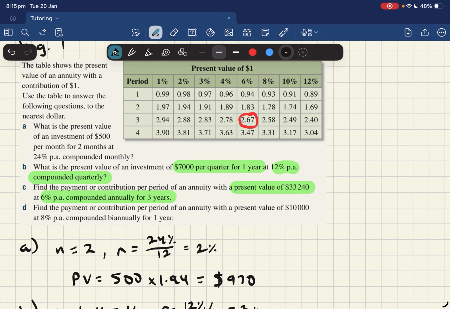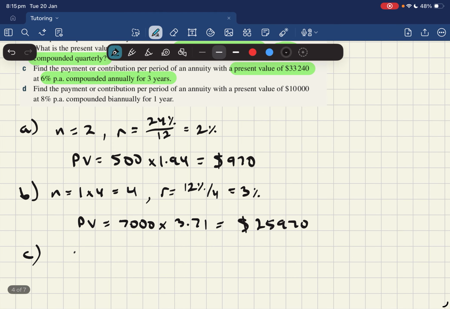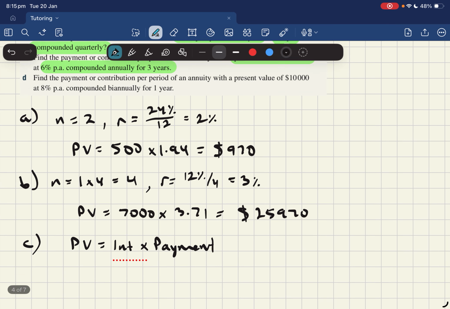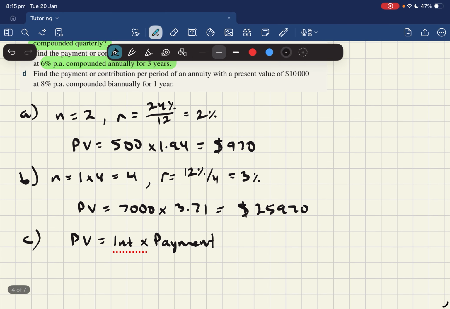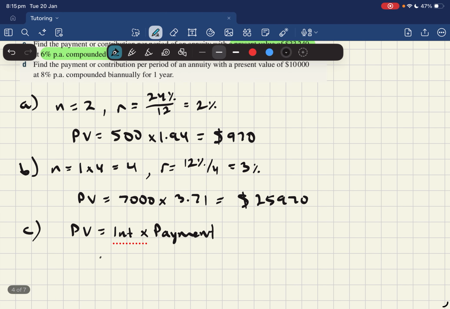So we know that our present value equals our intersection multiplied by our payment. So we're going to just substitute these in. So my present value is $33,240 equals 2.67 multiplied by our payment.